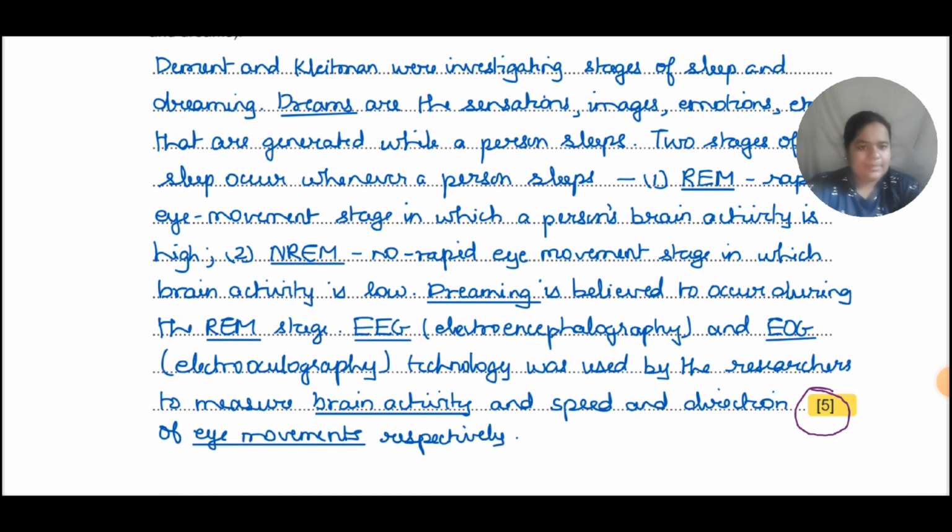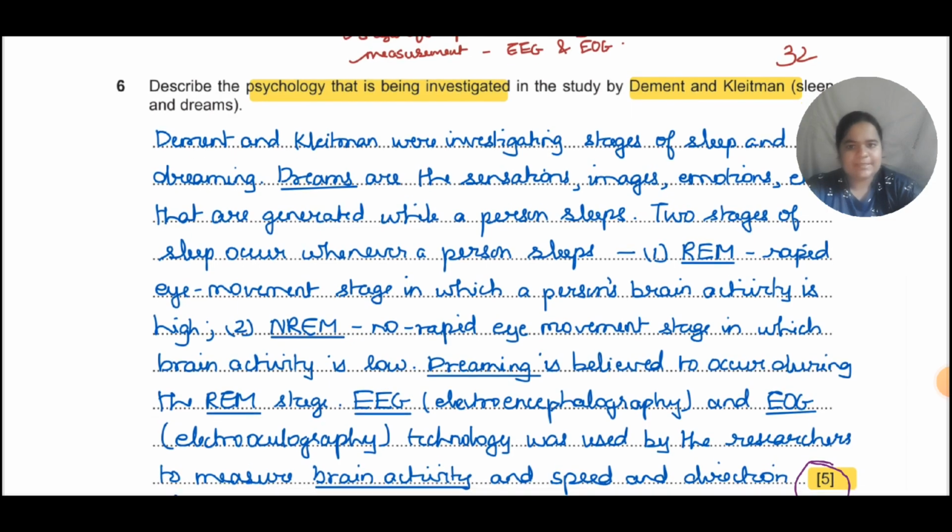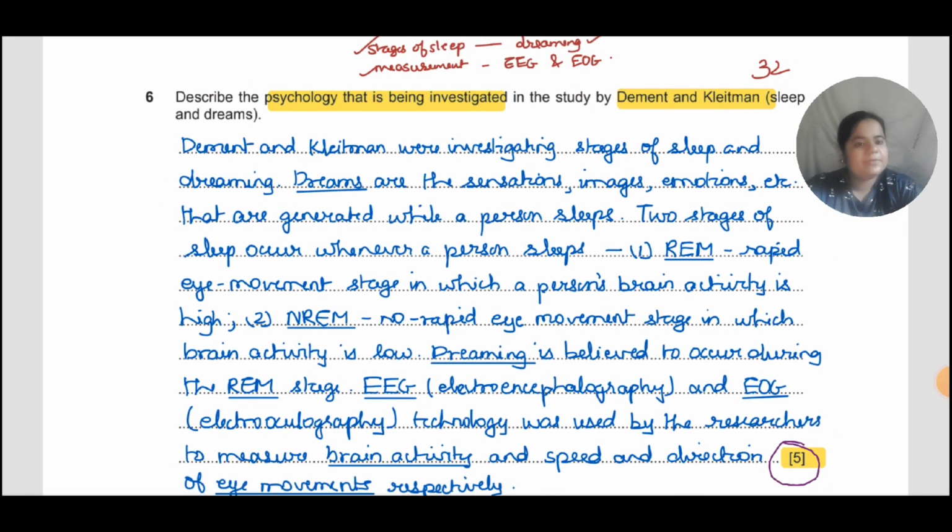Okay, now for the Dement and Kleitman study, let us just understand how we put down what we have learned into 5 marks. When they ask us for psychology being investigated and there's so much that we've understood that we're ready to write about, we need to pick up roughly, as a rule of thumb, for 5 marks, let's pick up 5 to 6 sentences. It's not compulsory, I'm just giving you a rough guideline.